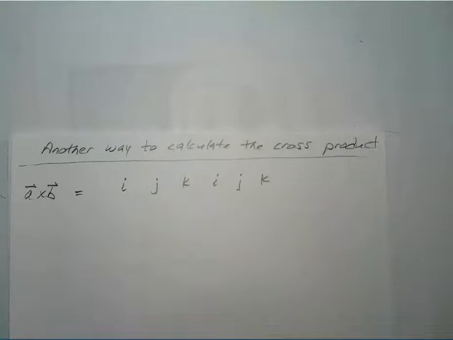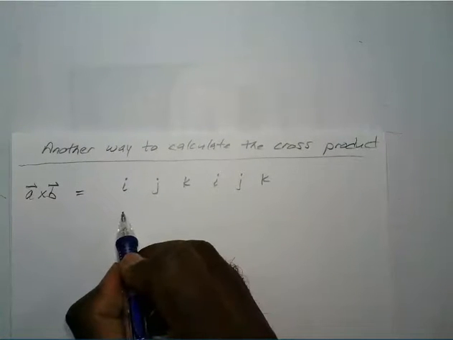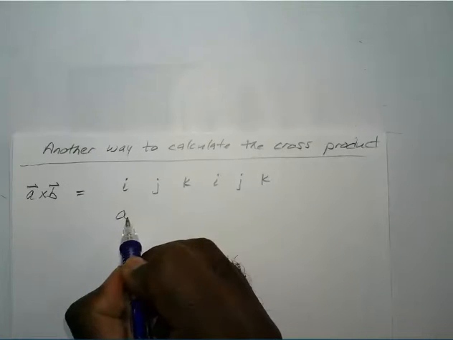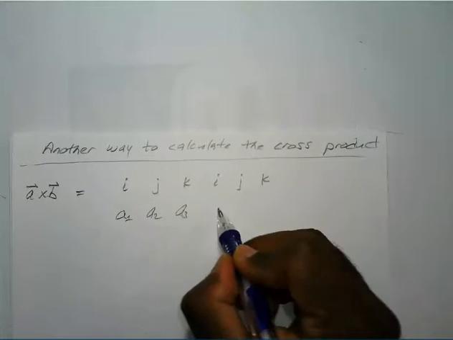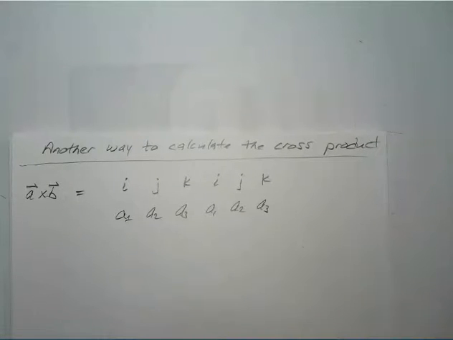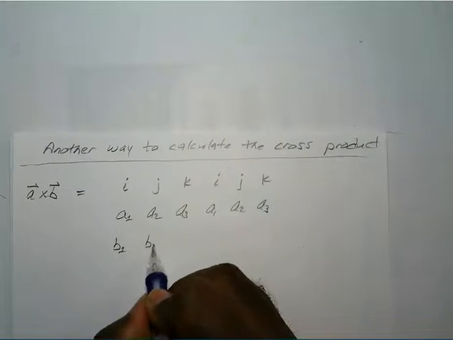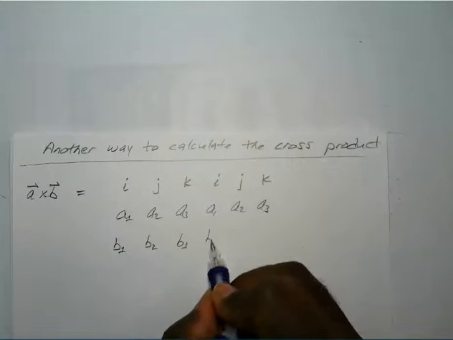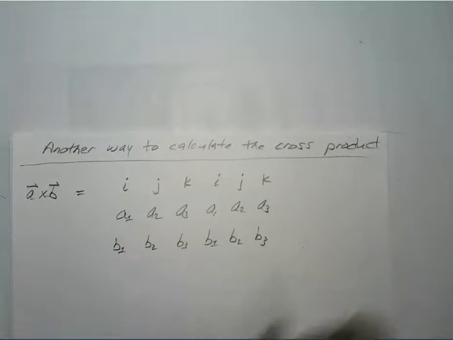Then we're going to write the components of the first vector, A1, A2, A3, A1, A2, A3. Then we're going to write the components of our B vector, B1, B2, B3, B1, B2, B3.